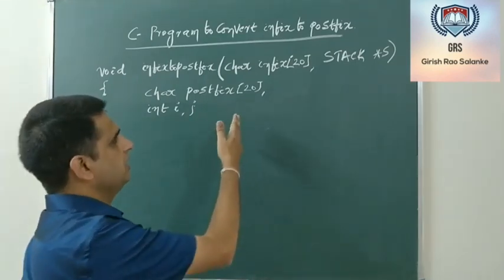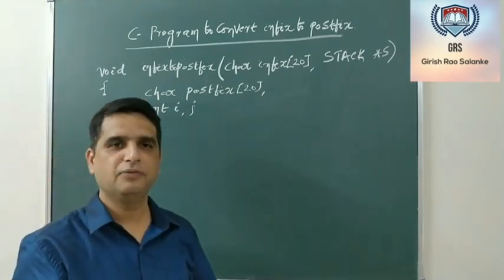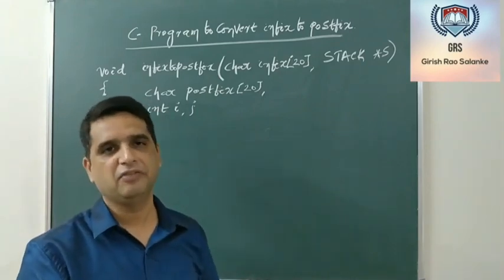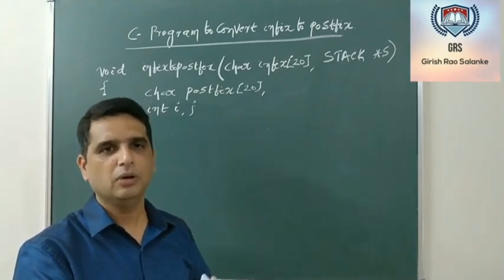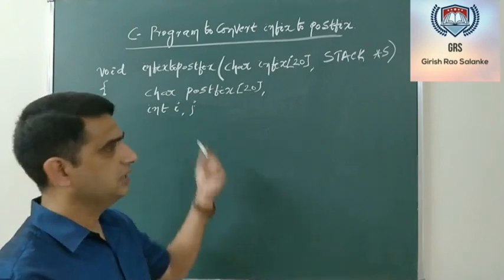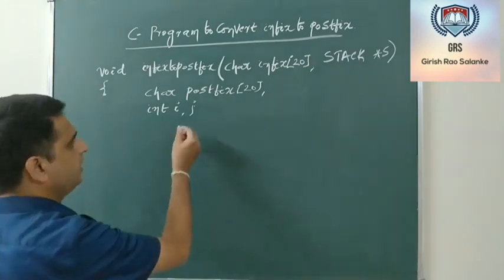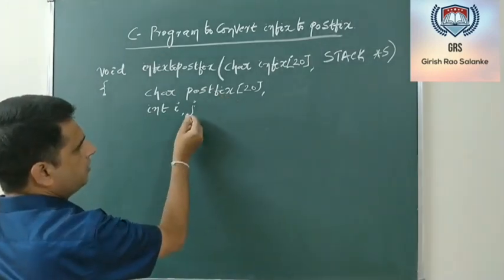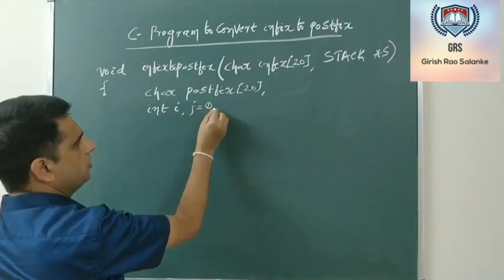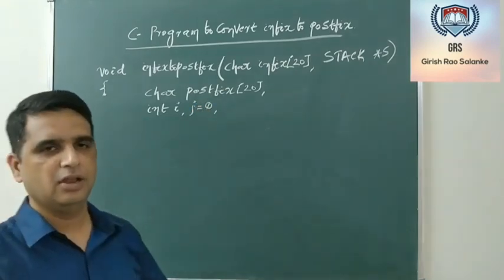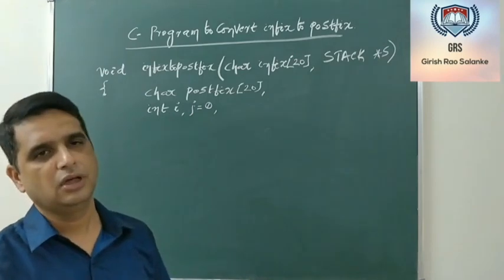Infix is the input that we might have already read in the main function. Postfix, we need to create within the function. So the index to the postfix expression, which I have kept as j, is initialized to 0. Put a comma. If some variables are needed later, we'll be using those variables.